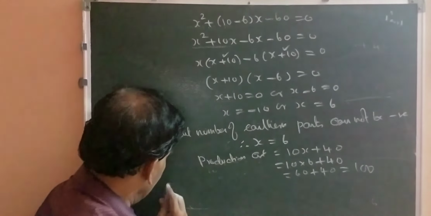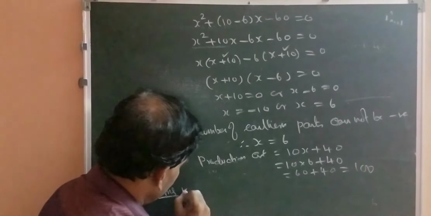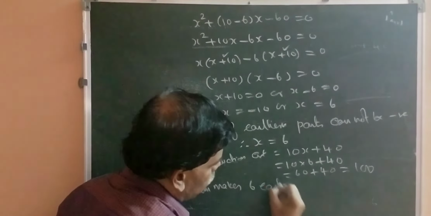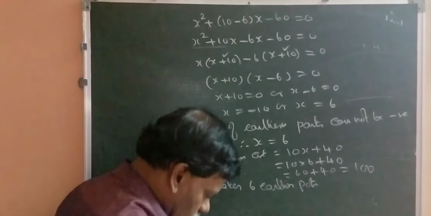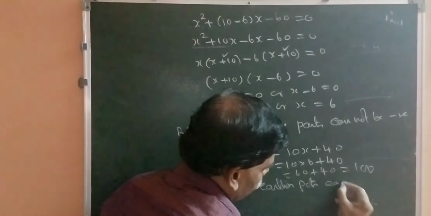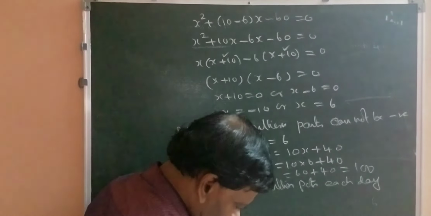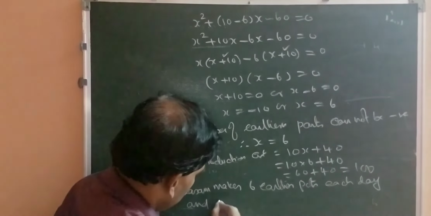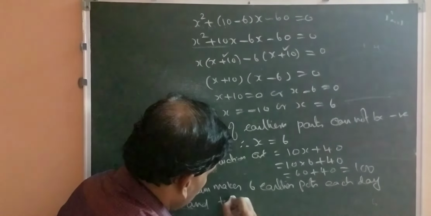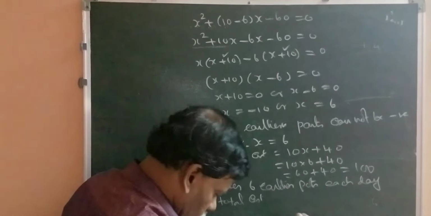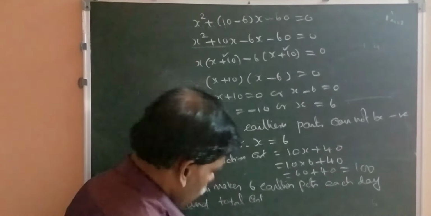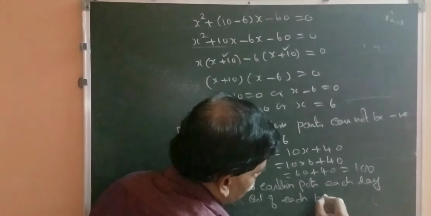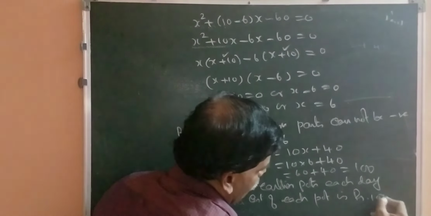Therefore, how will you write the answer? Kasam makes 6 earthen pots each day and the cost of each pot is rupees 100.